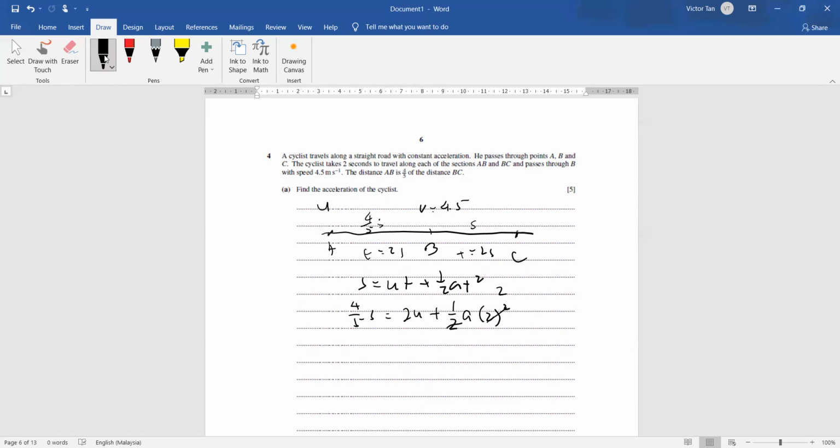So you have here 4S equals 10U plus 2A times 5, 10A.